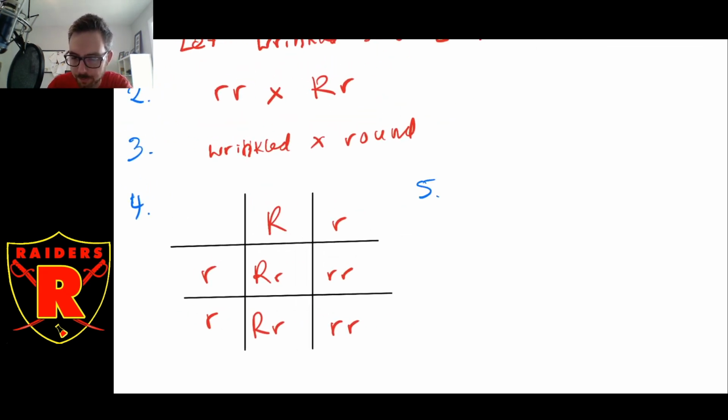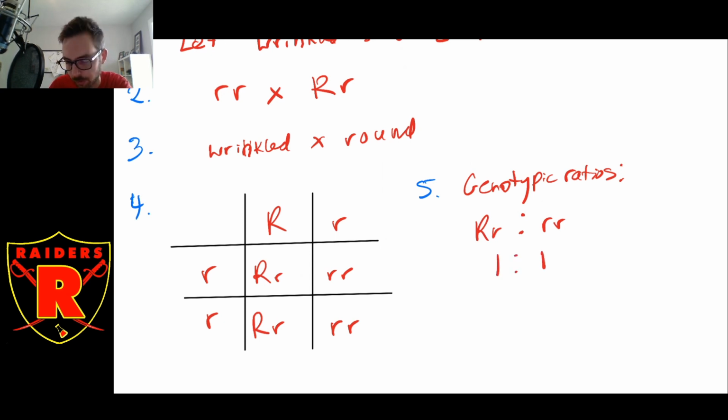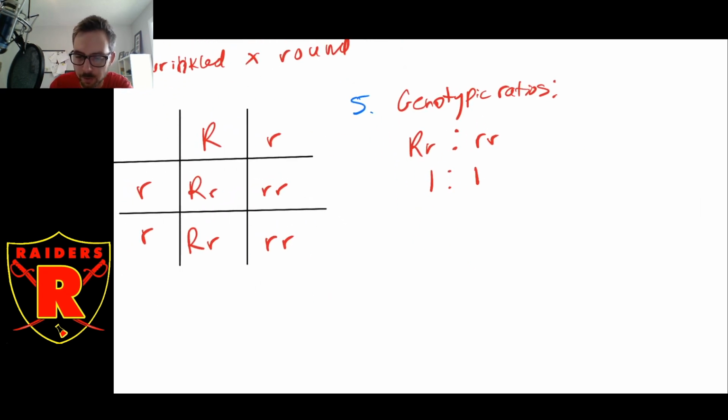First of all, genotypic ratios. We have big R and little r, and the ratio of big R to little r is 2 to 2, or 1 to 1, or you could say 50% each.